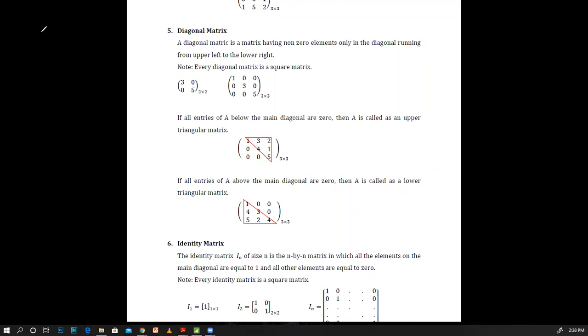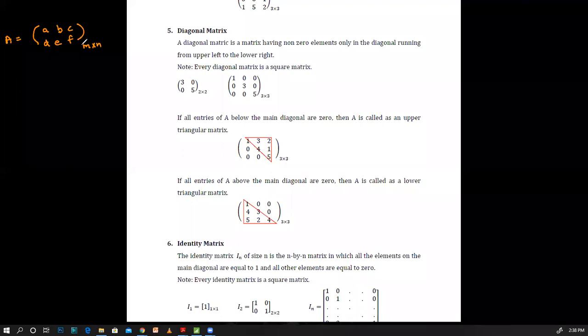Now you have considered a rectangular array of numbers. Then this is said to be a matrix. Here you had M by N named as A. Then you had numbers as a, b, c, d, e, and likewise a set of numbers inside the matrix, and you have named this the general form of matrix.